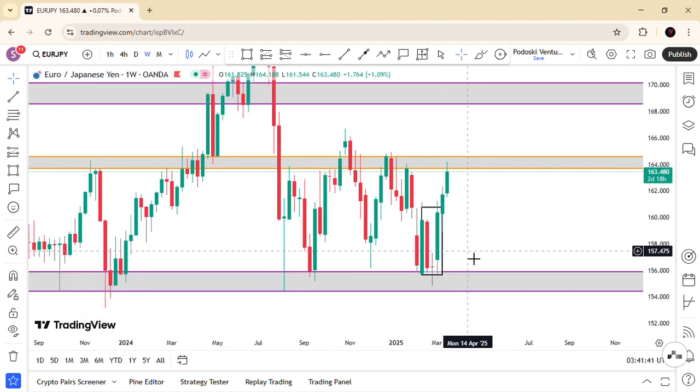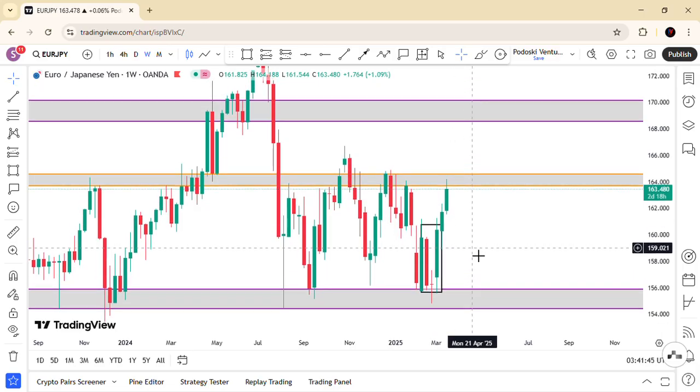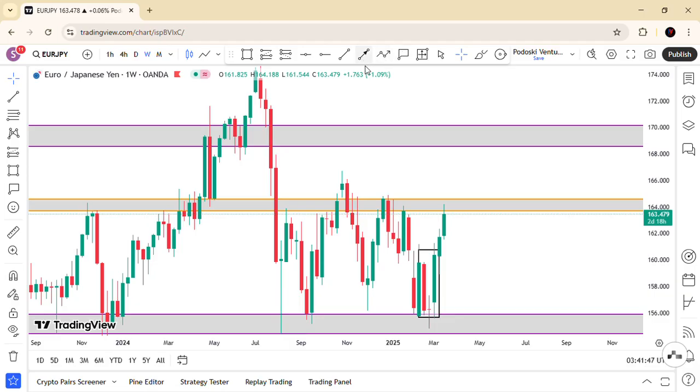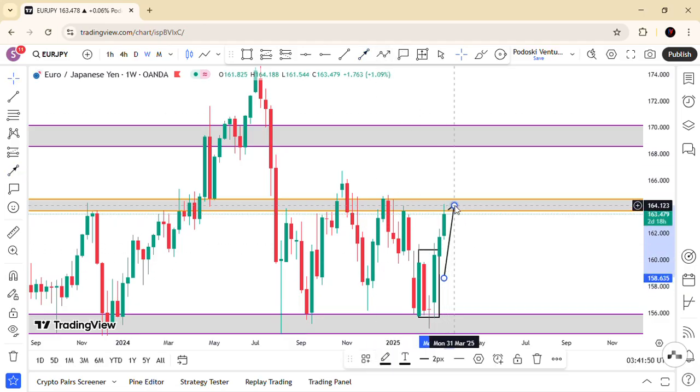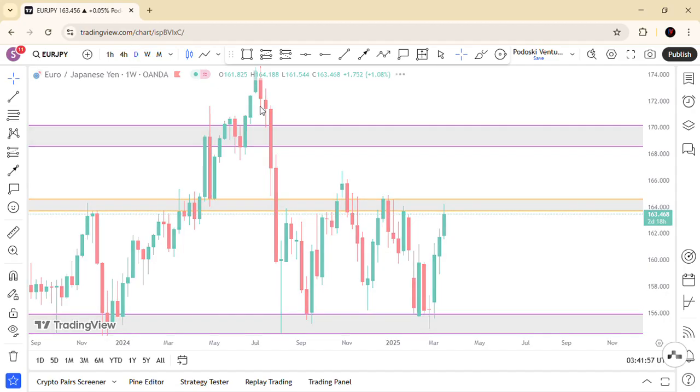There's a very nice morning star forming on the weekly time frame. After then, you could see the strong buying pressure followed by it. So the unanswered question is, will price break the resistance or not?